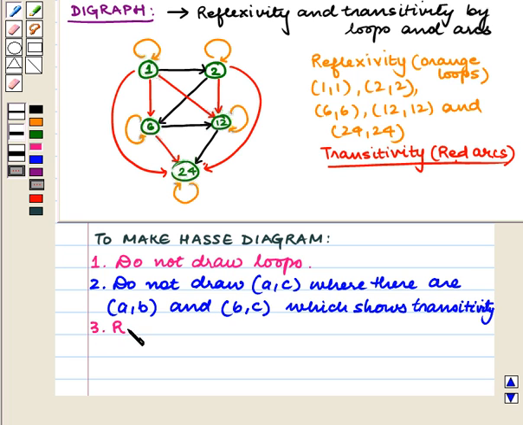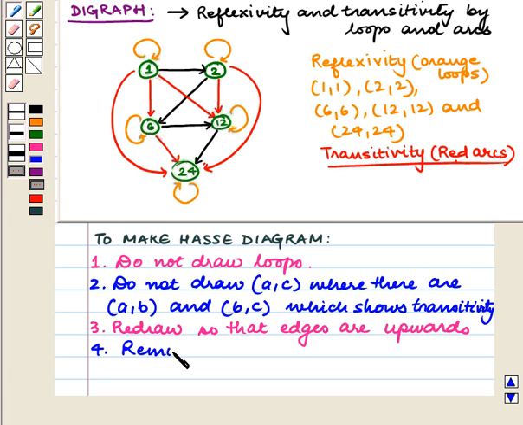Redraw so that edges are upwards. And lastly, remove arrows showing directions.